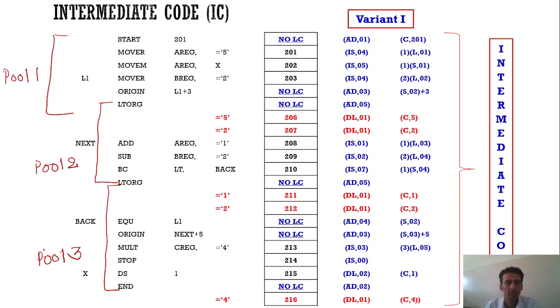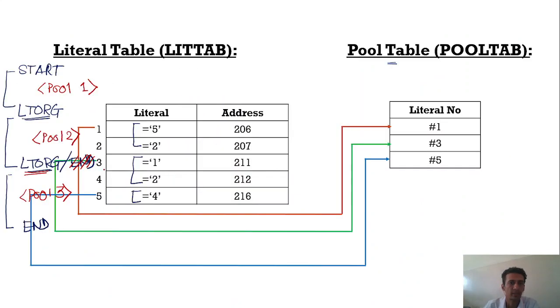Okay, so that is what I tried to explain over here. We understood that a total of 3 pools of literals should be there, so the size of the pool table is going to be 1, 2 and 3. The first pool of literals starts from which literal in the literal table?